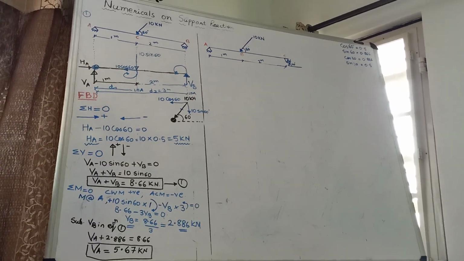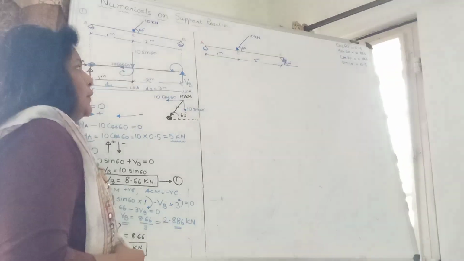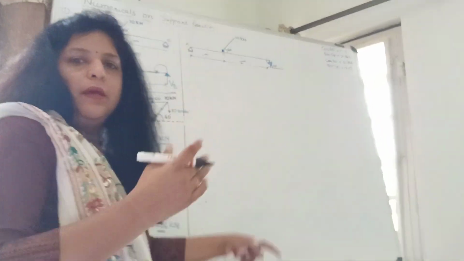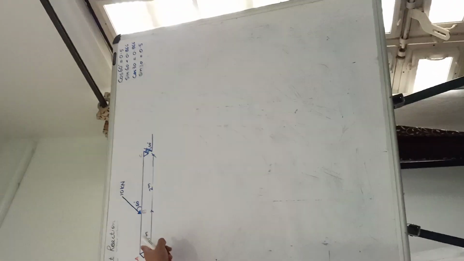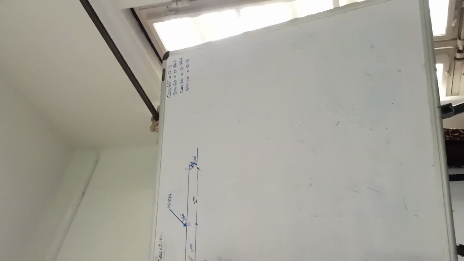Okay. Now we come to the second problem. So the second problem is a complicated one because it has a roller support.